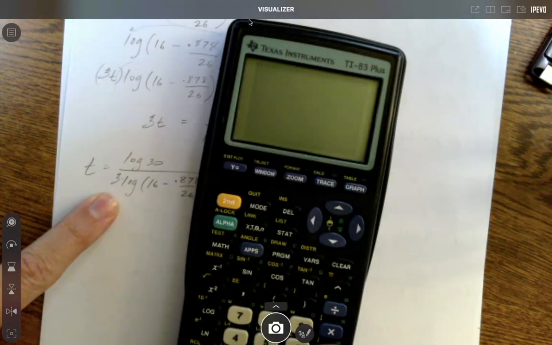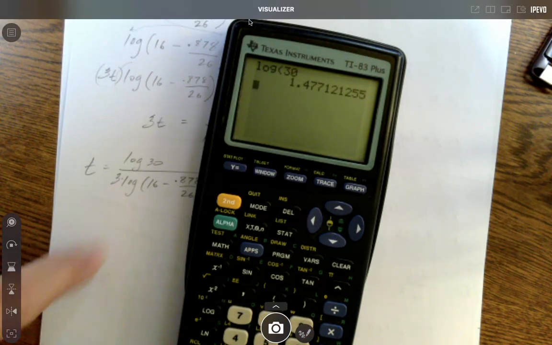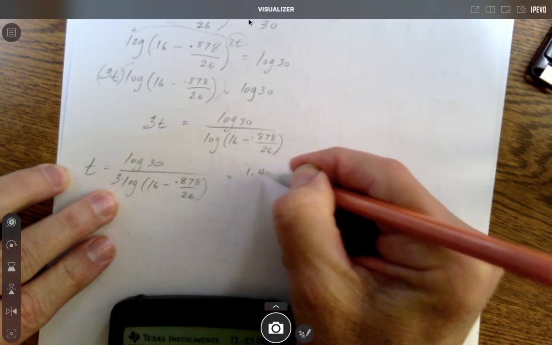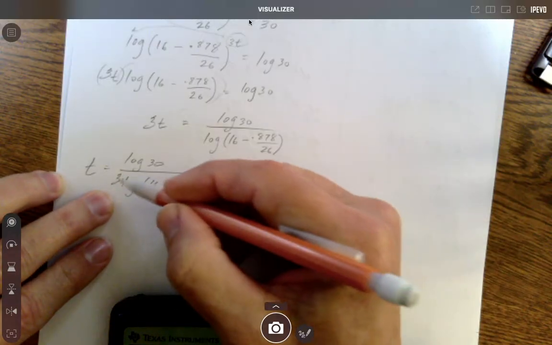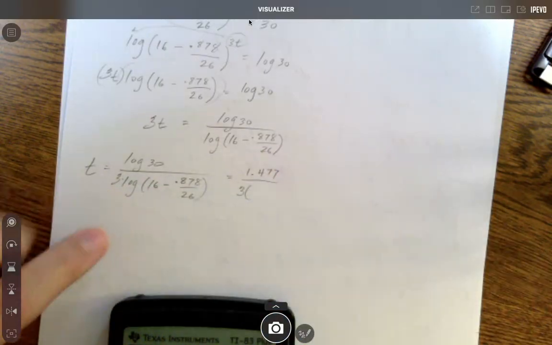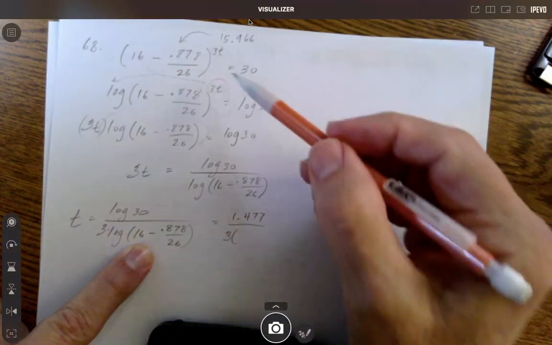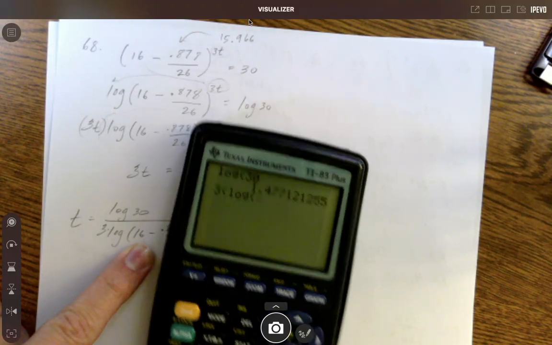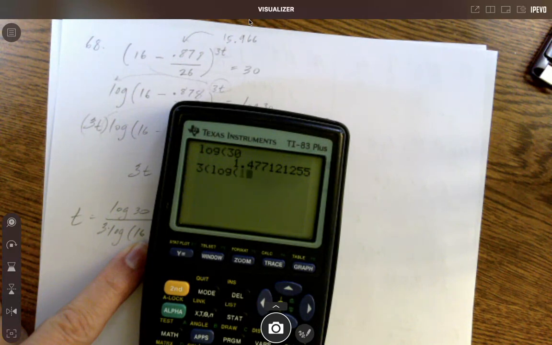The log of 30 is about 1.477, and then 3 times the log of that. Up here, I already approximated that, so I'll do 3 times the log of 15.966, which is 3.610.